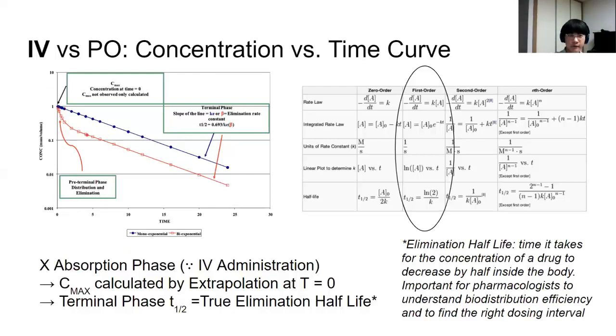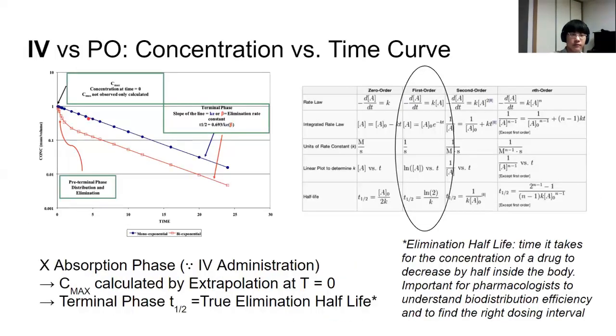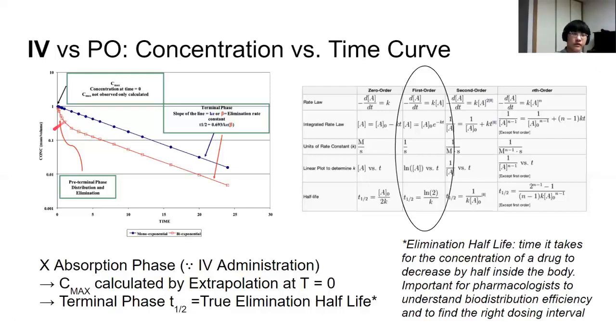This is different from the oral one, where you can see there's a growing change. So the maximum concentration is calculated by extrapolation to when the administration time, or the dose time, equals 0. This is because we can't precisely measure the concentration right after the drug is injected into our body, because it dissipates almost immediately.